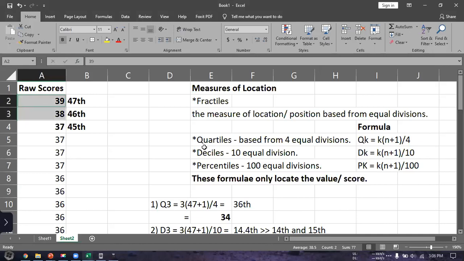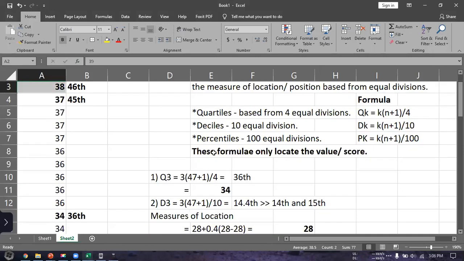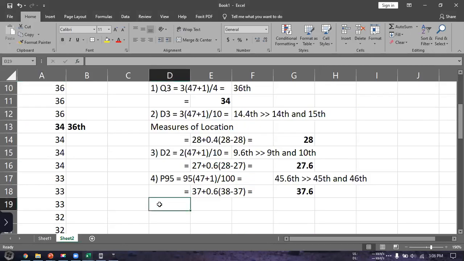38 and 39. Okay, one more example before we proceed to the other measure. Let's try to look for values. Kayo na magbigay. Anong number from 1 to 100? 87, sir. 87.